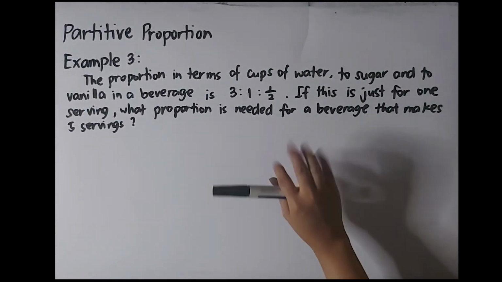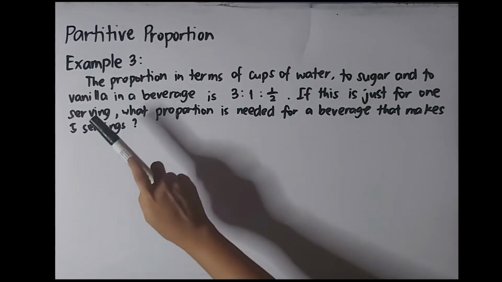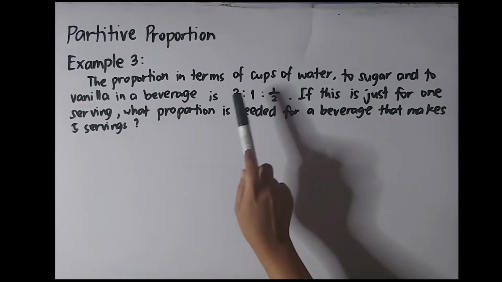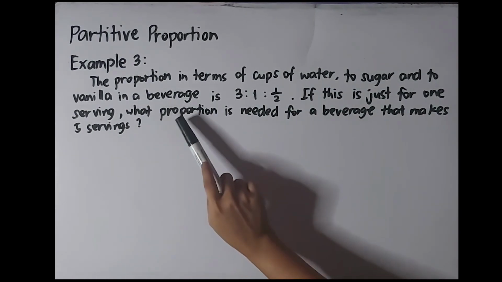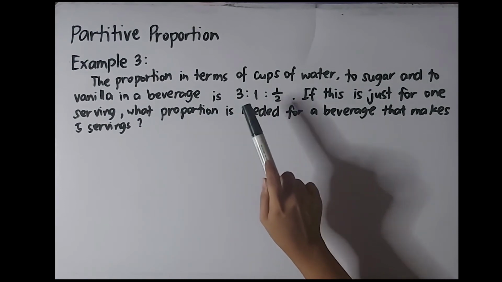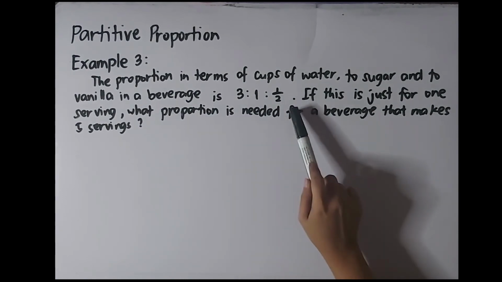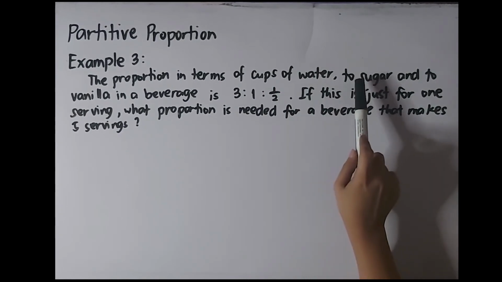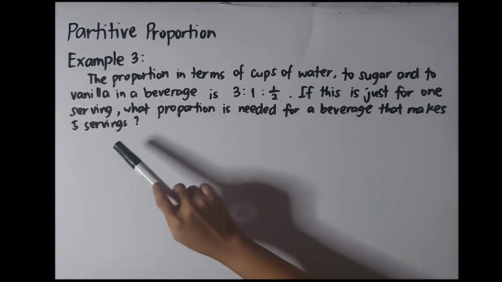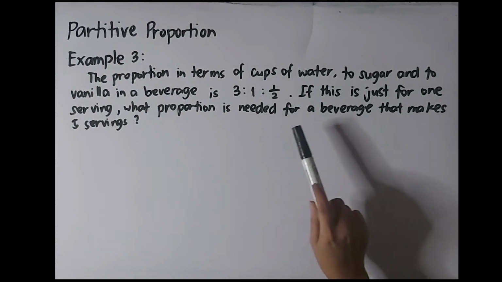And for our last example problem, we have a proportion in terms of cups of water to sugar and to vanilla in a beverage of 3:1:1/2. So 3 for water, 1 for sugar, and 1/2 for vanilla. So those are the measurements.